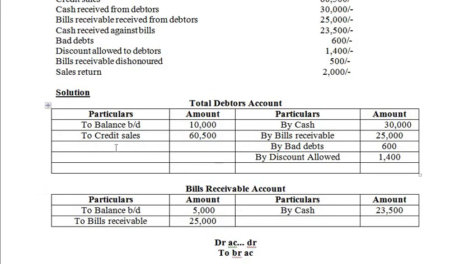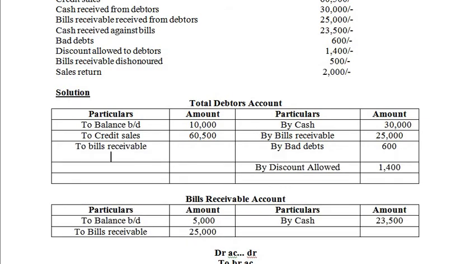So to the debit side of debtors account, to bills receivable, in the bracket bills dishonored, close the bracket, write down the amount as 500.